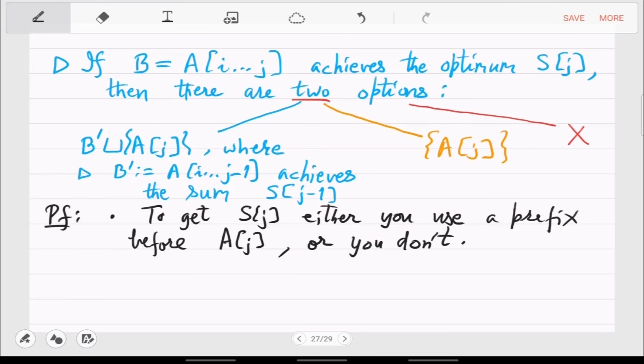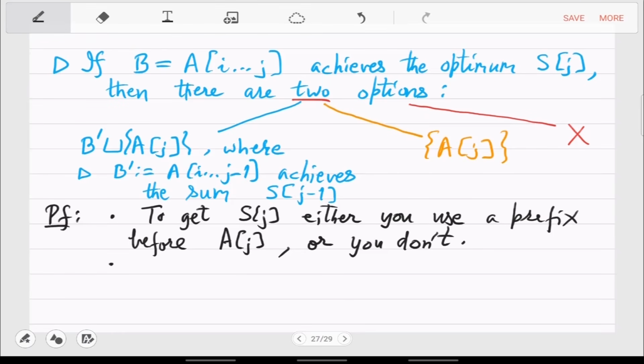Okay, there are exactly two options. Now, why would you not want to use a prefix? If there is a prefix whose value Sj minus 1 you have calculated, what can be a situation where you avoid it? That's the only case, right?